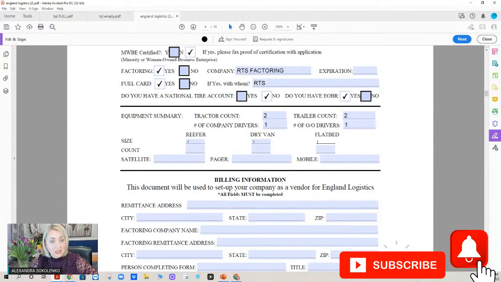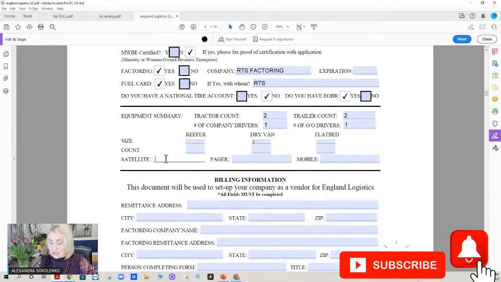Are we clear on this? I was just playing with those numbers. If you have 2 trailers, then you have 1 reefer and 1 dry van, or maybe you only have dry vans, right? So here you can put 2. This number, when you add it together, has to be the same as the trailer count or tractor count.